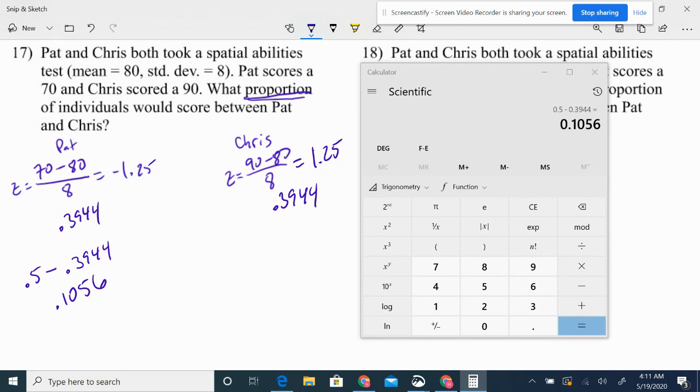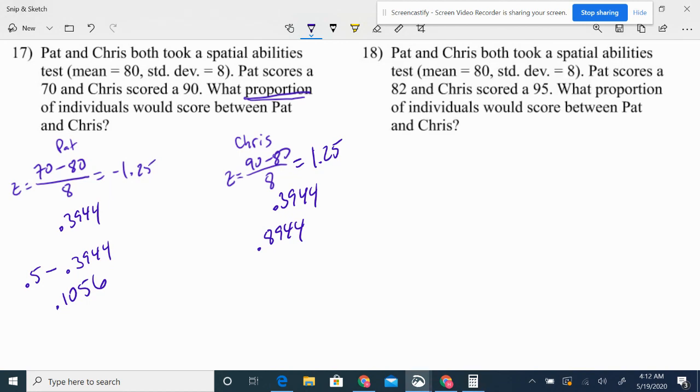For Chris, I'm going to go 0.5 plus, I'm adding since the z-score is positive, 0.3944. So the percentile that Chris has is 0.8944.